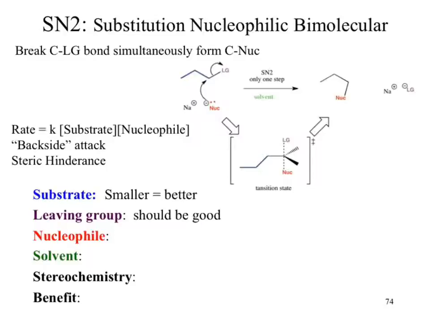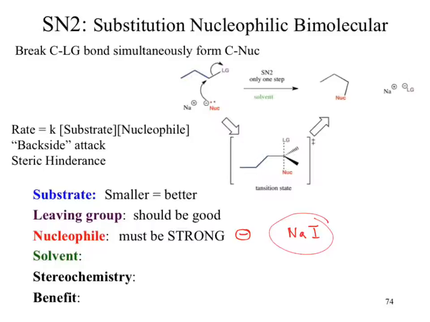The leaving group, again, needs to be good, kind of irrelevant to our situation. The nucleophile needs to be strong. How do we know it's strong? You see a negative charge. And it should be small. Where's the negative charge? Okay, iodine.